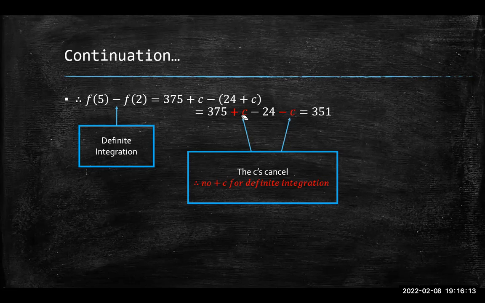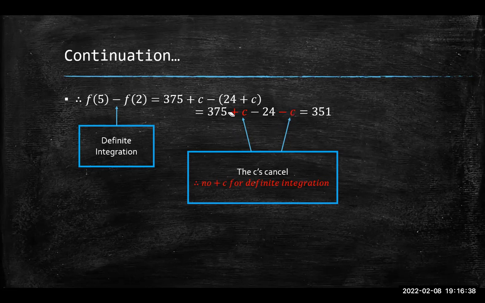375 plus c, right? But then this right here, this is basic algebra, right? This negative sign is going to be distributed evenly across this bracket here, right? So saying minus 24 plus c, this is in brackets, right? It's the same as saying minus 24 minus c. That's just algebra.